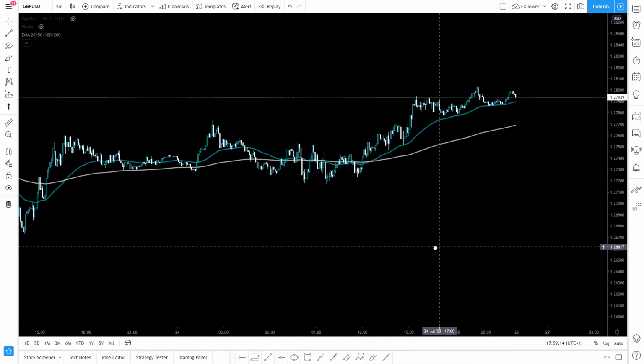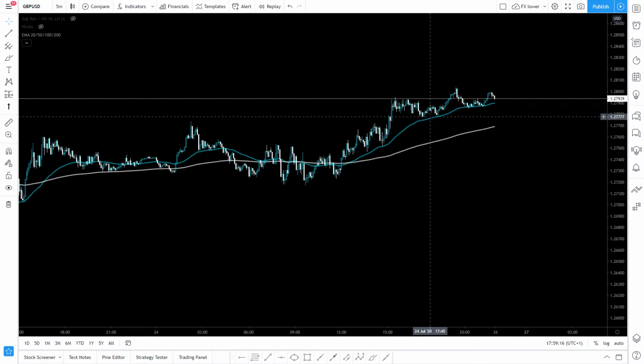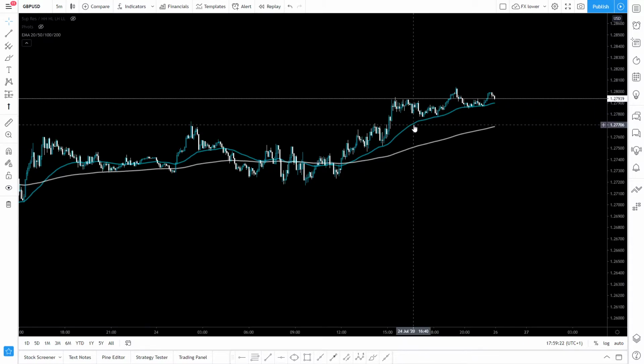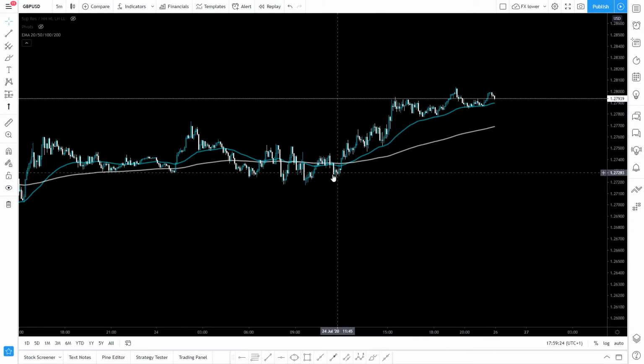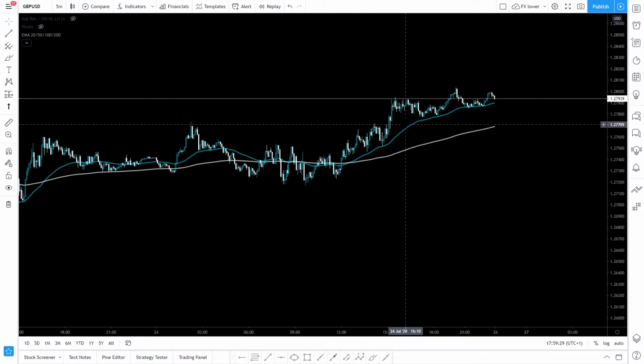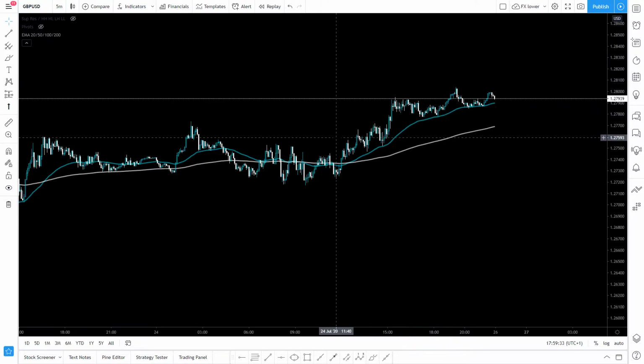If anyone's new and they don't understand what a moving average is, it's an average of prices. So price always wants to respect the 50 EMA.